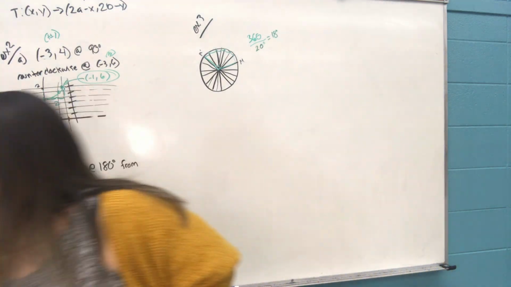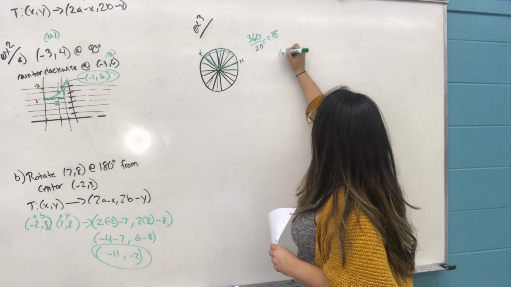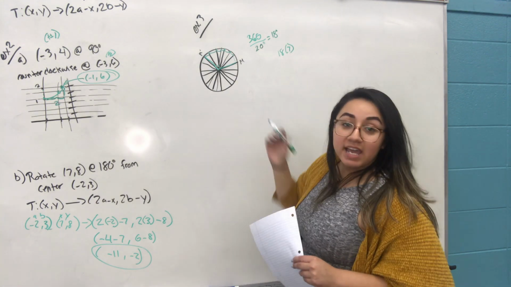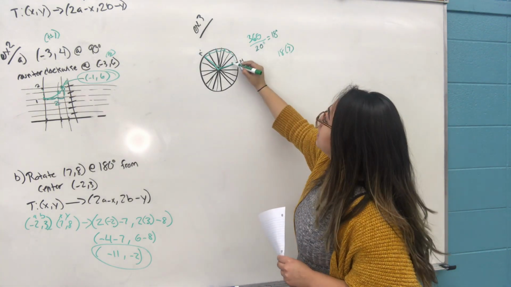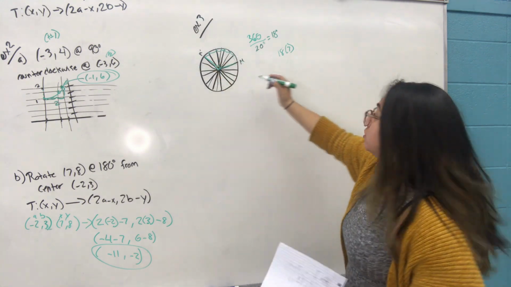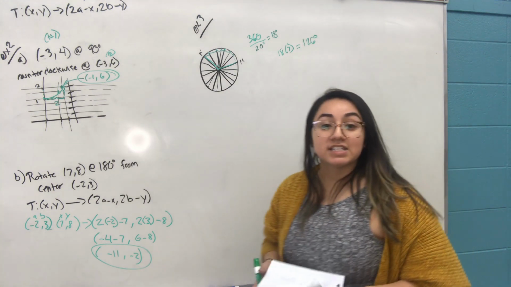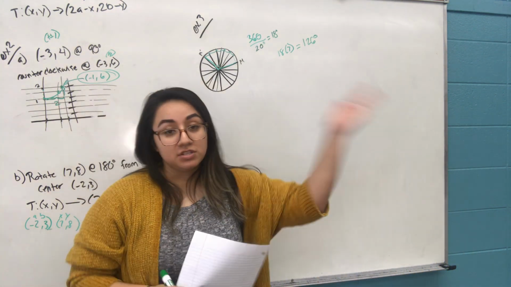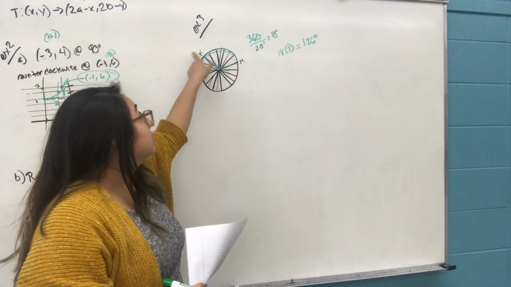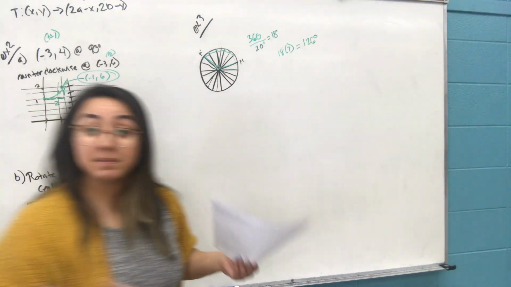If you look in your book and you count it, there are 7 carts from the center. So I'm going to multiply 18 by 7 because each one is 18 degrees. I can do 18 plus 18 plus and so on. It's easier just to multiply the two. When you multiply them, you get 126 degrees. So that means from M to the new rotated version of M, you end up with 126 degrees. And let's see if that's right. Yep, that's right. So that's all you would do.